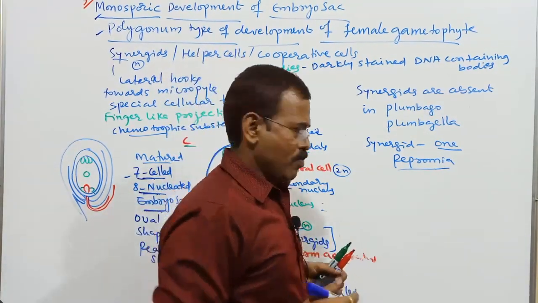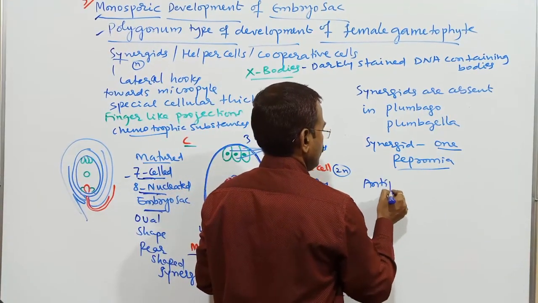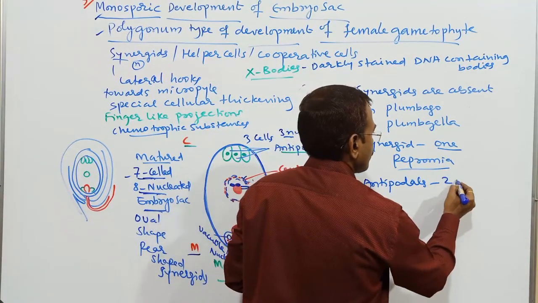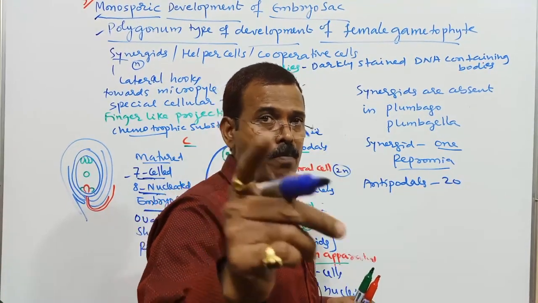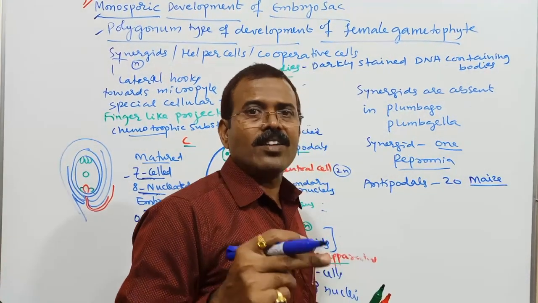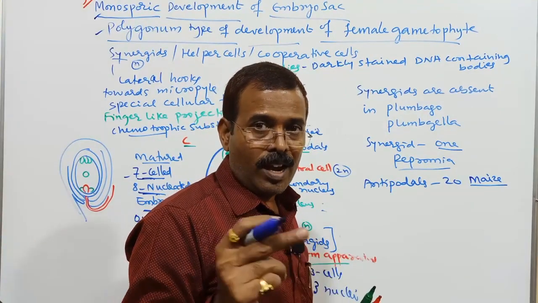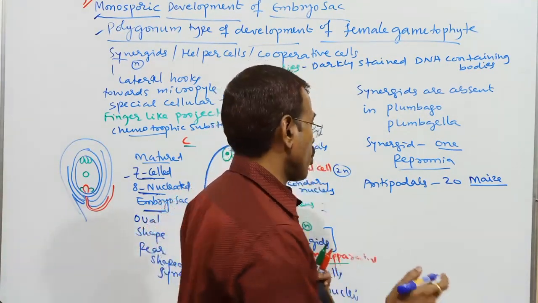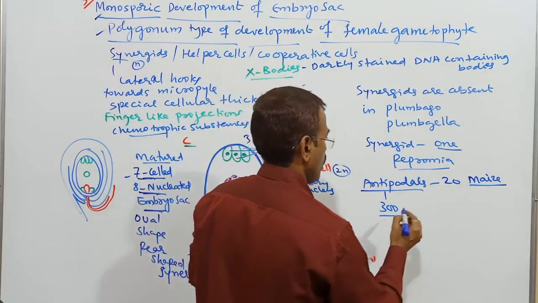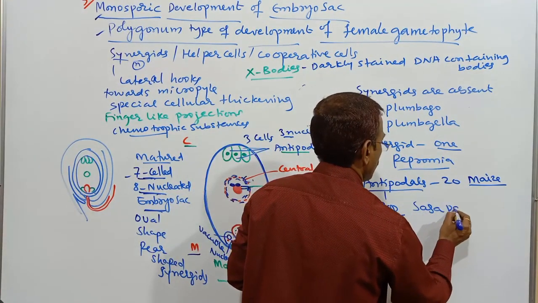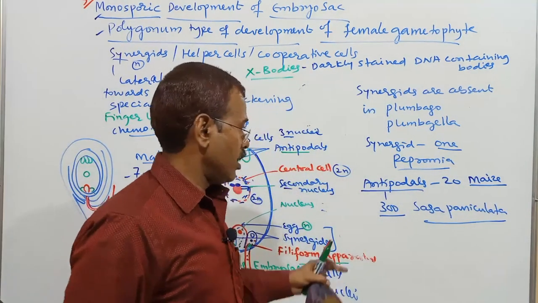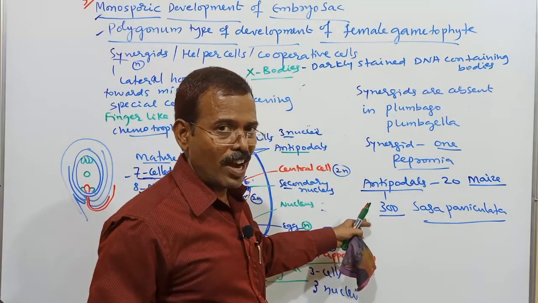Then you take antipodals. Up to 20 antipodals are reported in maize. The highest number in a plant, antipodal number 300, is in the example Sasa paniculata, up to 300 antipodals, the highest number of antipodals found in a plant.